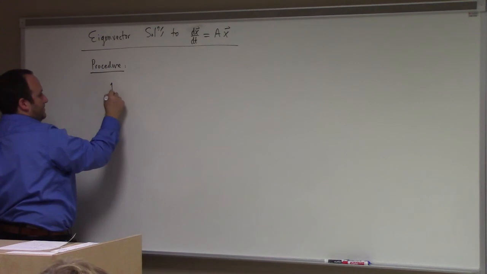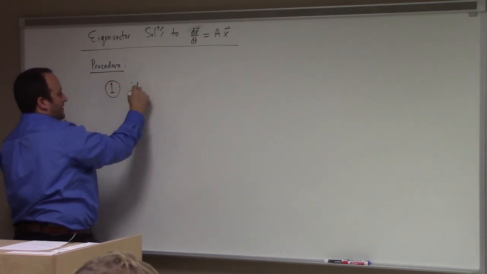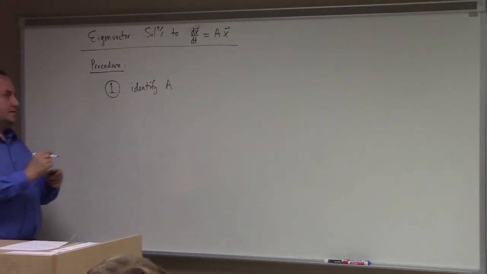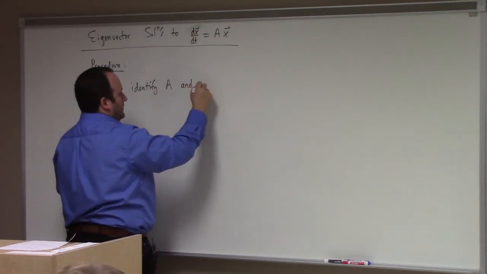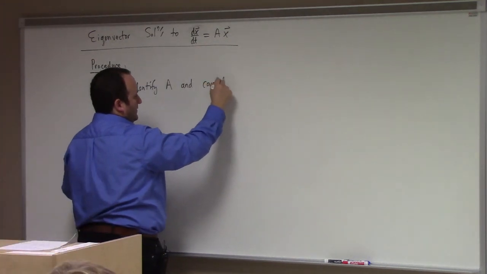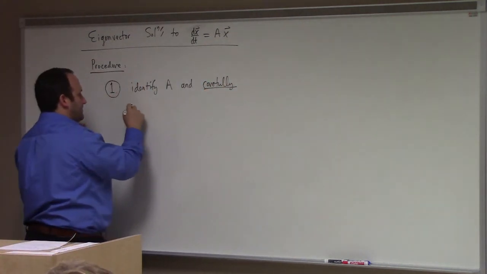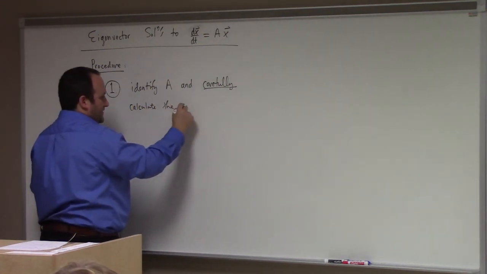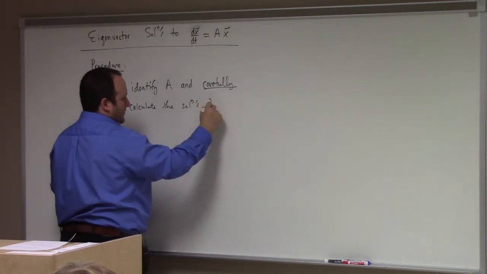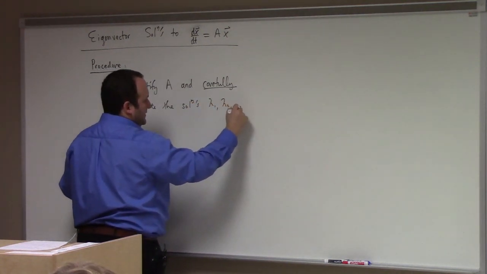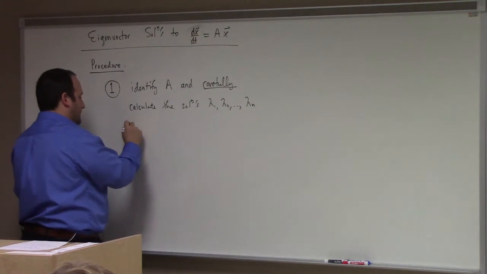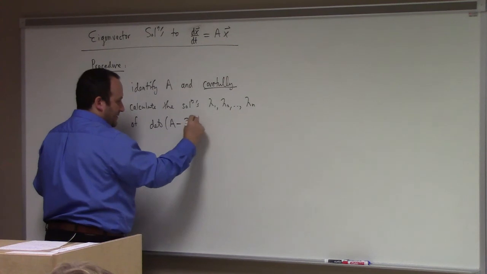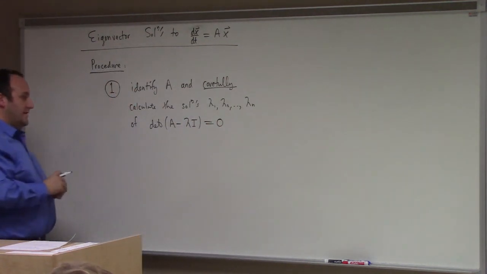Step number 1, identify the matrix of coefficients A and carefully calculate the solutions lambda 1, lambda 2, lambda n of the determinant of A minus lambda I equals 0, right?